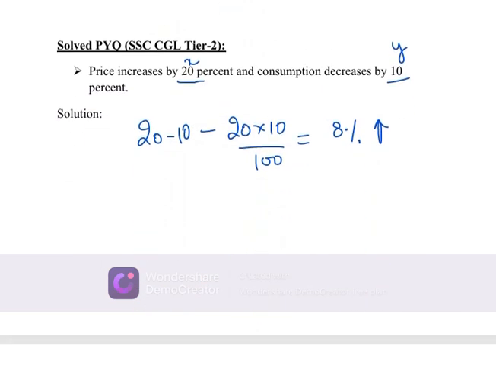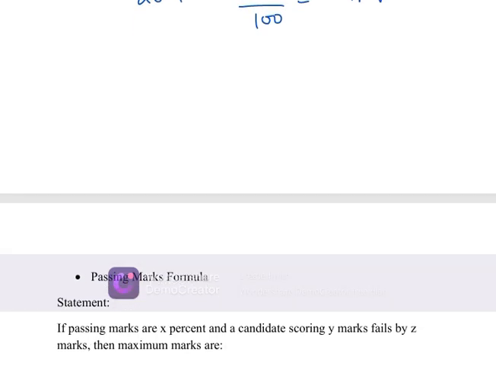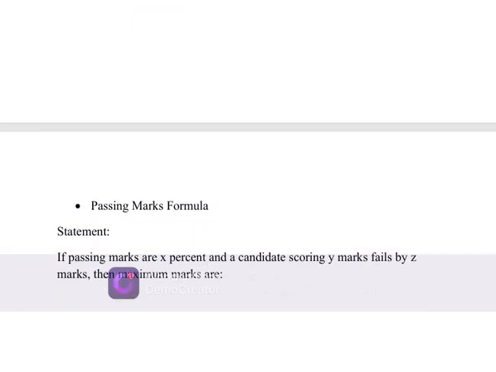Next topic is passing marks formula. In which situation do you have to apply this? Suppose the passing marks are X% and a candidate scoring Y marks is failing by Z marks, then you will be asked what are the maximum marks for the exam.